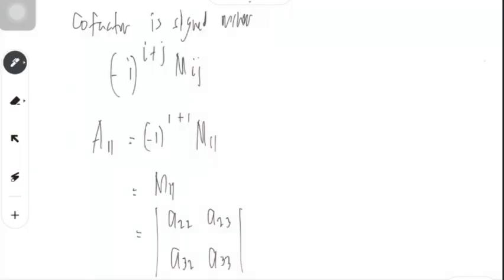So if you're interested on A32, it is equal to negative 1 raised to I plus j. I is 3, element is on the third row, then second column, plus 2. Then multiplied by M32. And you will find out that negative 1 to odd power is negative. So it is negative M32. Okay? Nagbabago yung sign.